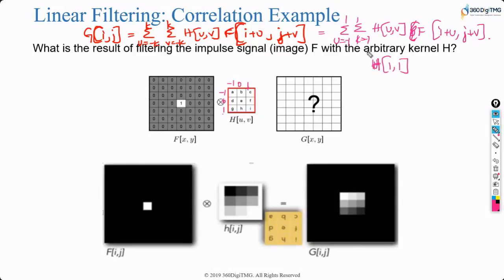And then this becomes f of i plus 1 comma j plus 1. H of 1 comma 1 is referring to i, into f of, if you apply on this patch, this is your i comma j central pixel. This is what you are interested in. But because of the formula, it becomes i plus 1, j plus 1, meaning you are moving i along this direction, j along this direction actually. So you get here.